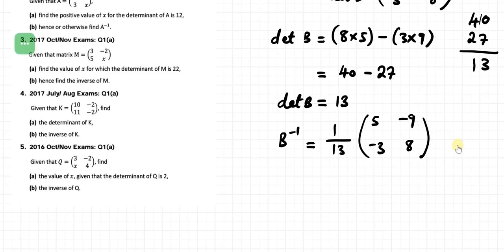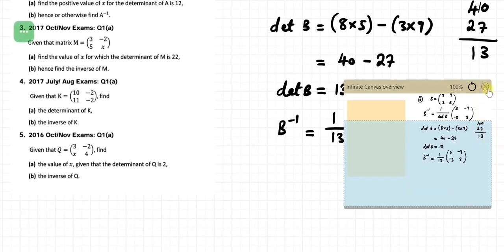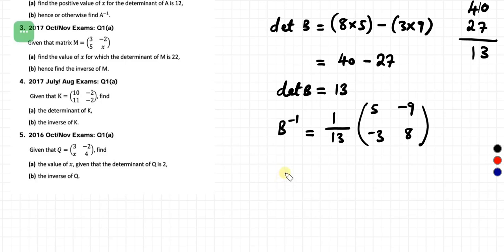Then what we are going to do is start multiplying. The inverse of B is going to be, you multiply this by that. So 1 over 13 times 5 will be 5 over 13.